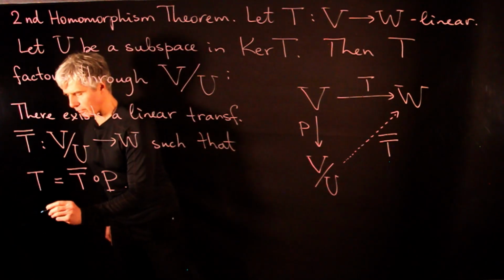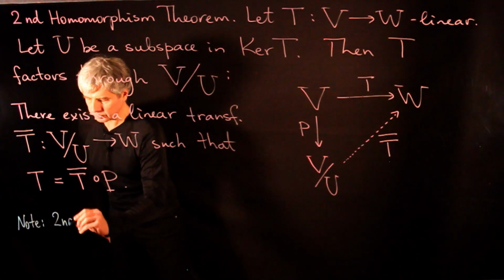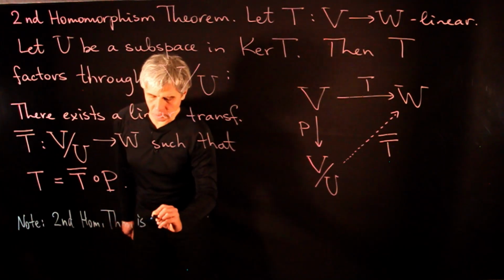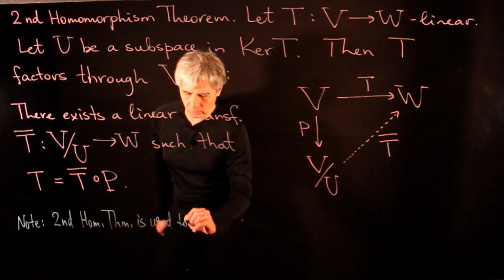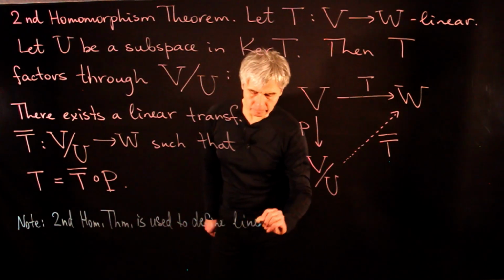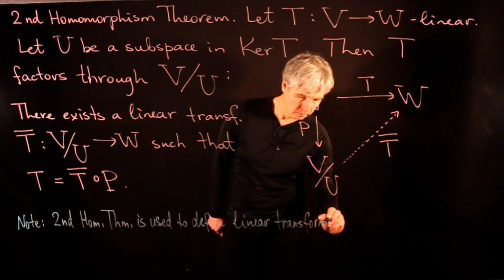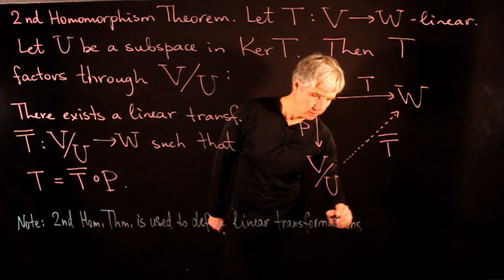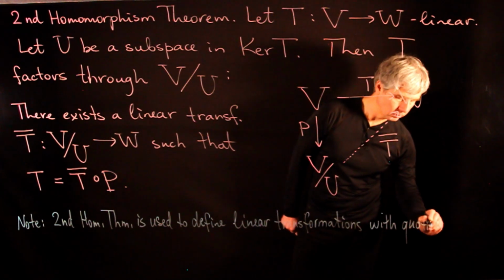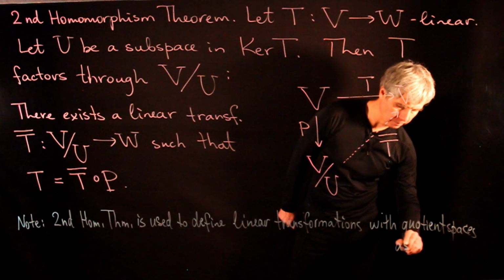The real application of the second homomorphism theorem is the following: it is used to define linear transformations with quotient spaces as domains.